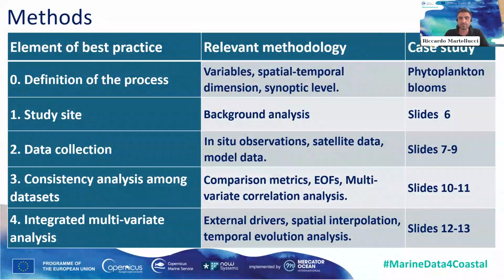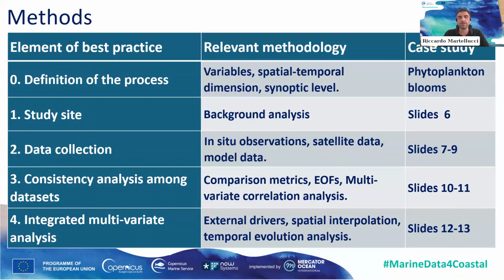So here I want to explain a methodology consisting of different steps which you can follow to obtain a consistent dataset that allows you to understand the variability of the coastal system. The first step is to define the processes in terms of variables that you can use to define the process you are looking for.